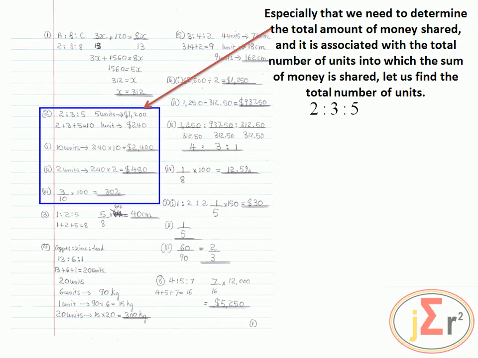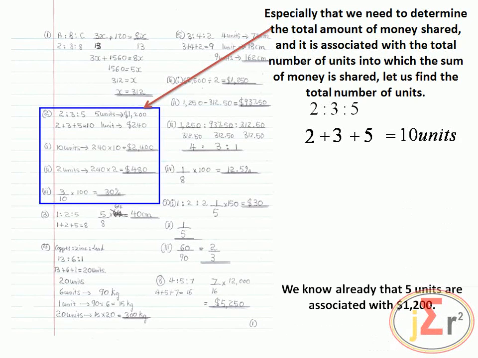On this occasion, we are making use of direct ratio application. We will need, as it said, especially that we need to determine the total. We need, therefore, to determine the total number of units. No problem. And we get 10 units.